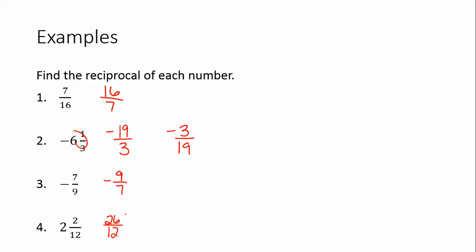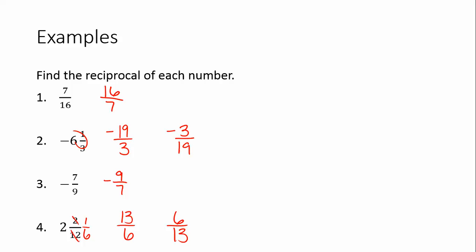We should probably reduce that first. This is 2 12ths, which is actually 1/6. Let's do it that way instead. Let's reduce that 2 12ths down to 1/6. Now let's candy cane it. 12, we get 13 over 6. And now when we take the reciprocal, we get 6 over 13.